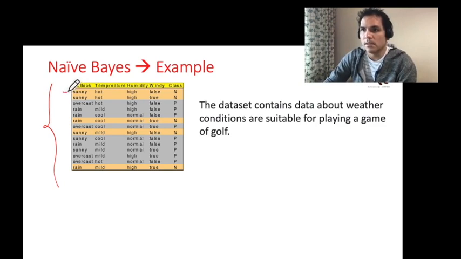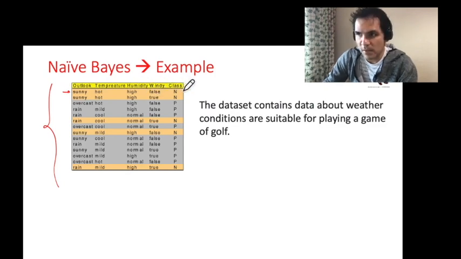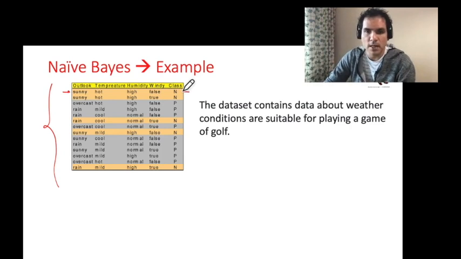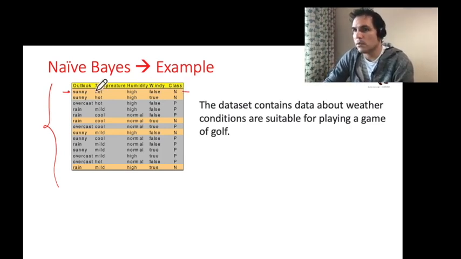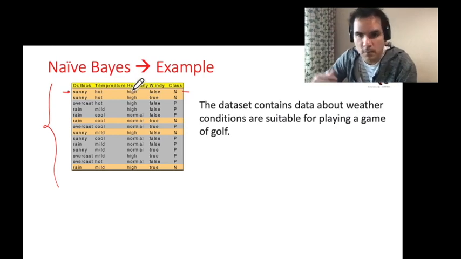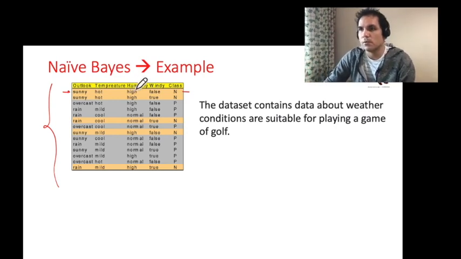For example, on this day, we can see that the outlook was sunny, the temperature was hot, high humidity, and it was not windy, and this particular player is not playing. Okay, this is the information that we computed, probably because it was too humid.